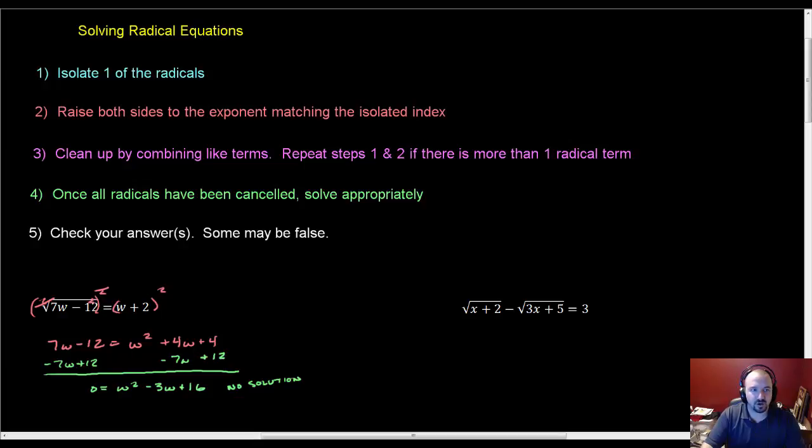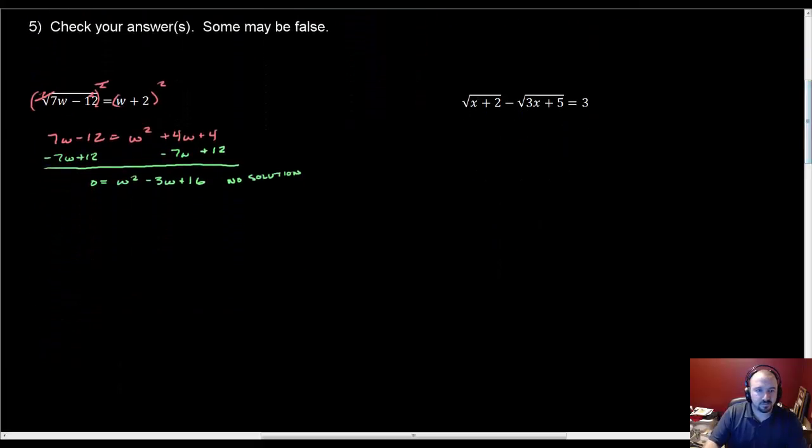I'm going to switch off colors here to do this. If you're familiar with it, you can use the quadratic formula. The quadratic formula says x, which in this case is a variable, or whatever variables you're using, is negative b plus or minus the square root of b squared minus 4ac all over 2a.